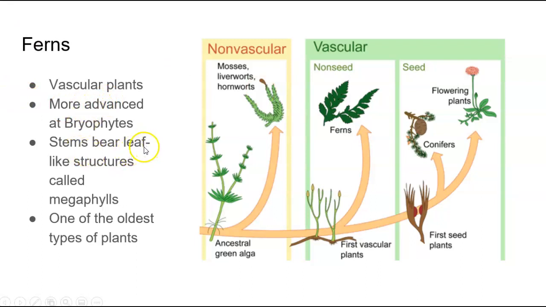They don't have leaves, so we still say leaf-like structures. The leaf-like structures on ferns are called megaphylls. These are one of the oldest plants, of course. They don't have seeds, so these are seedless plants. Just like mosses, liverworts, and hornworts, they're seedless and they don't produce flowers.